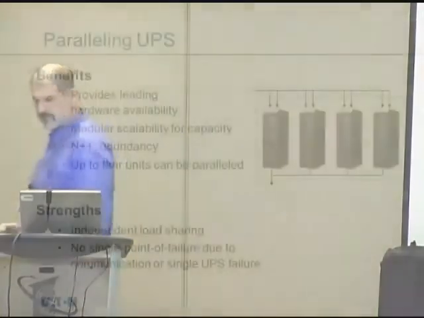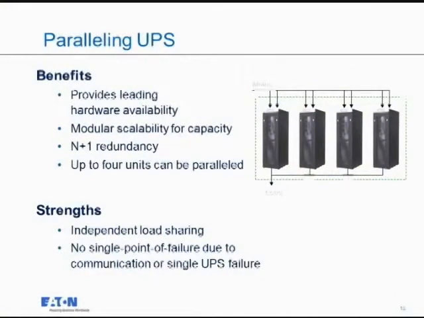That output tie bus becomes my single point of failure, which is typically a copper bus or a tie mechanism of some sort. We'll see another example in a couple moments. But the goal here is to eliminate all of the single points of failure in building this system. Also, by using standard modules and standard UPSs, it also gives me that level of flexibility where I can separate them at any point in time into standalone systems.